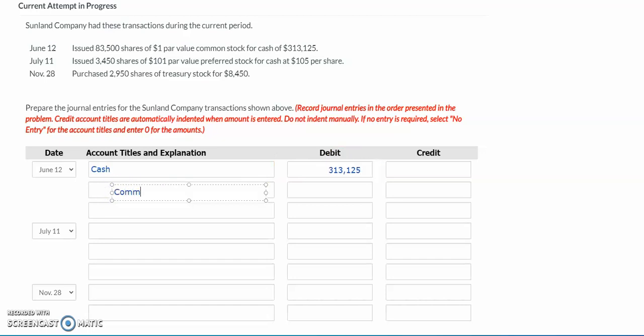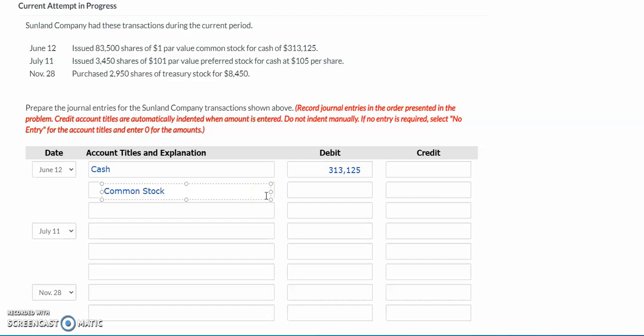So we're going to credit our common stock, which is categorized under equity on the balance sheet. So far in the semester, we learned that our common stock is just going to be credited, but what we learn in this chapter is that now we need to split up our common stock into two separate accounts.